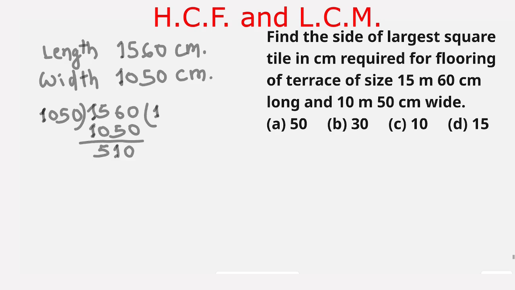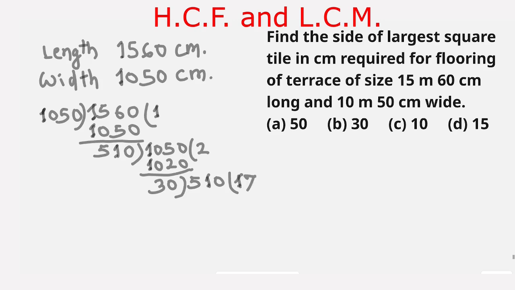Now we divide 1050 by 510. 510 divides 1050 for 2 times. 2 times 510 is 1020 and 1050 minus 1020 is 30. We divide 510 by 30. 30 divides 510 for 17 times and 17 times 30 is 510. On subtracting, our remainder is 0.